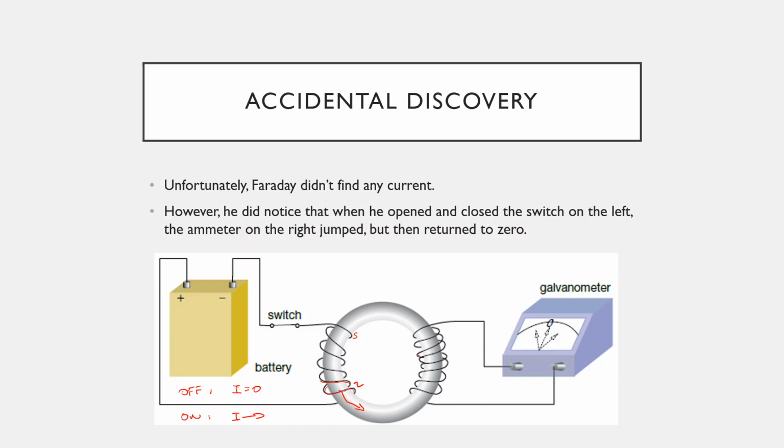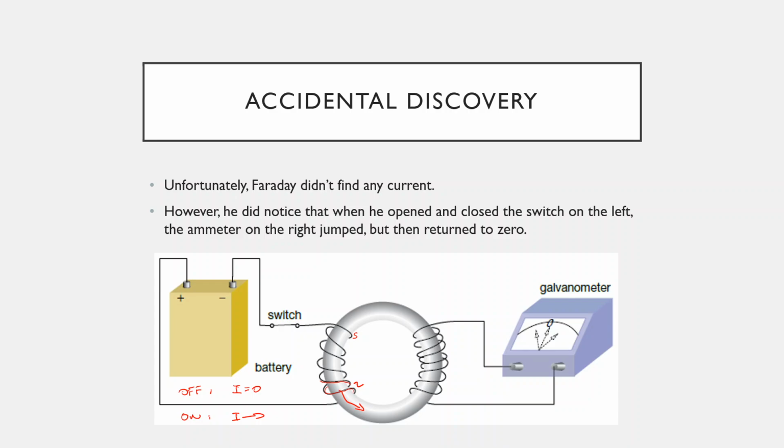So initially there was no magnetic field, then there was. And we can describe this as a change in the magnetic field strength through this iron loop, this iron ring.